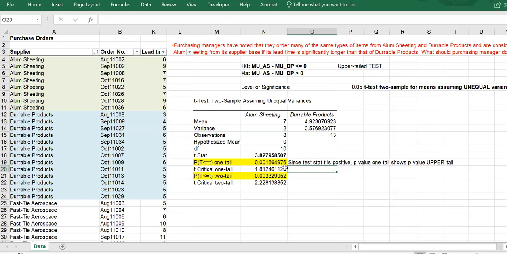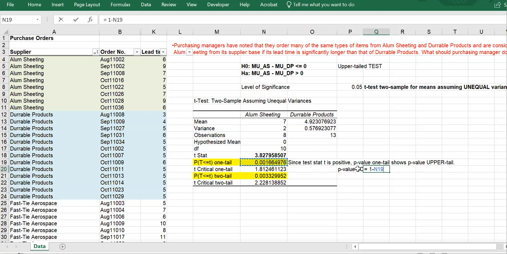So how do we get the p-value lower tail? The p-value lower tail will be 1 minus the p-value upper tail. We realized this is the p-value upper tail because the test statistic is positive.